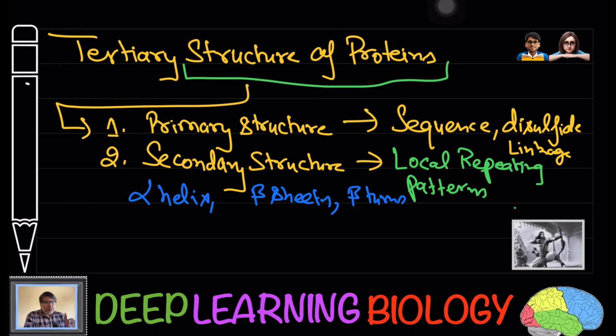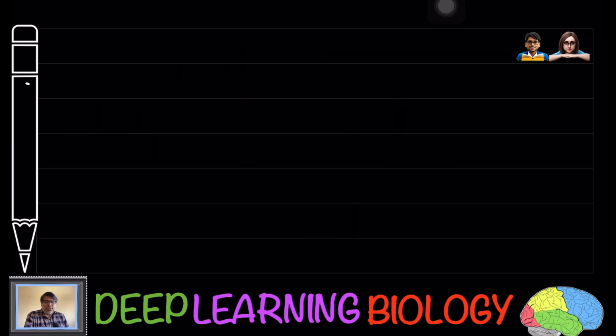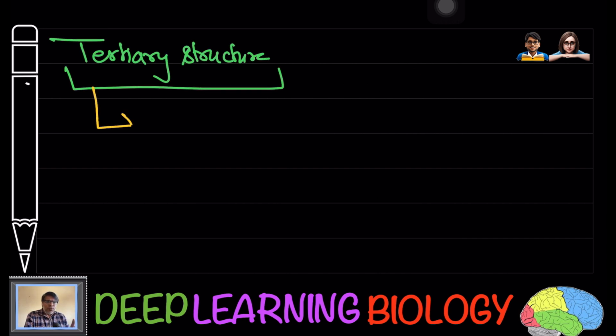Now, today we are going to discuss the tertiary structure of the proteins. Keep in mind, the tertiary structure of the protein is actually the three-dimensional structure of the protein. So today we are going to have discussion related to tertiary structure of the proteins.